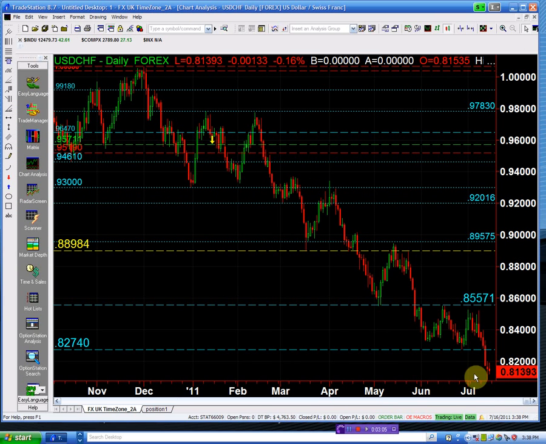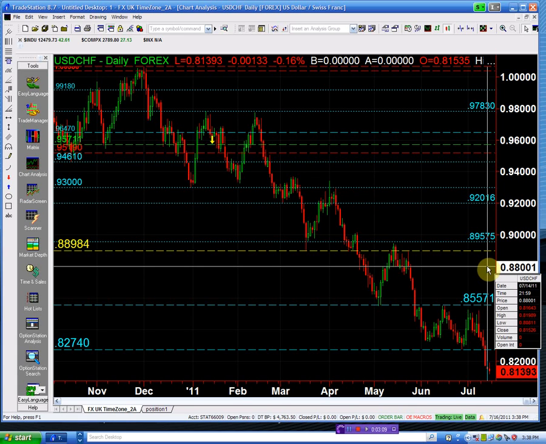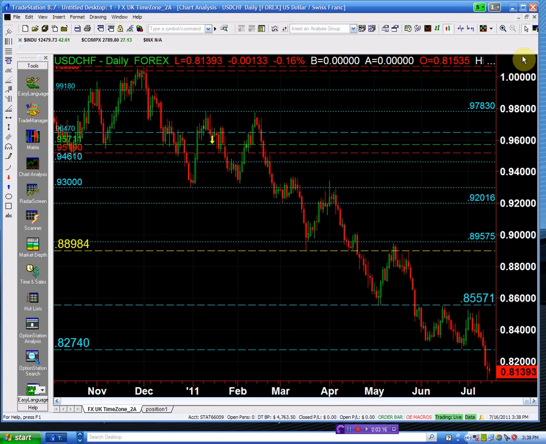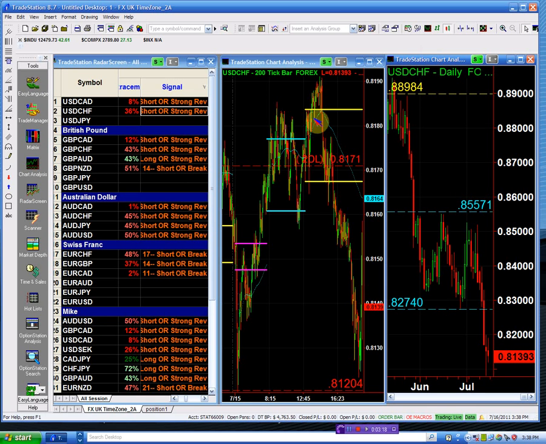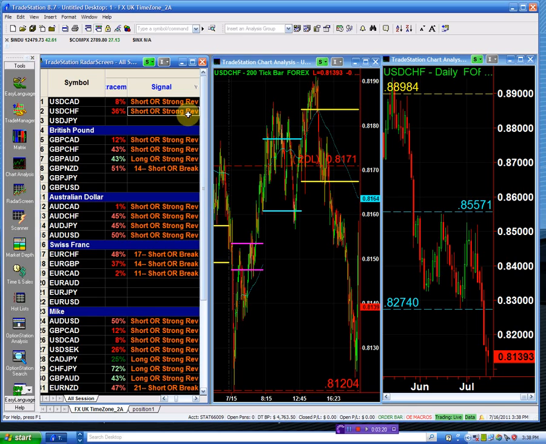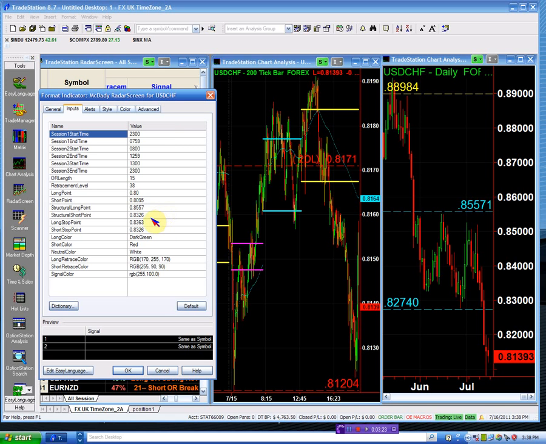I mean, the dollar Swiss has never reached below this point before. So in this case, since it's uncharted territory, the lowest low is by definition the new structural point. So my structural short now is going to be the 80.80.